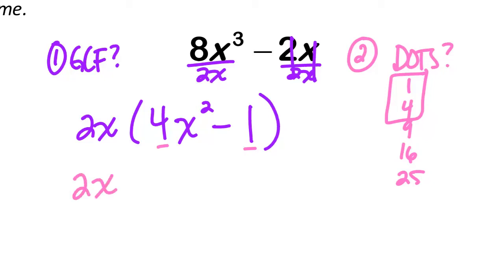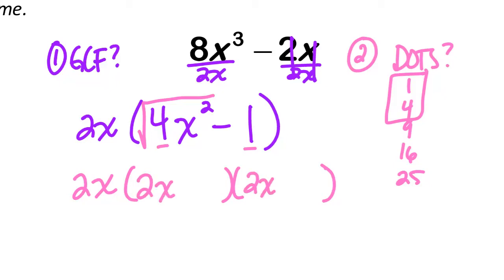So bring down your GCF and write your 2 parentheses. And remember, we're taking the square root of each of those. So what's the square root of 4x squared? That's going to be what? 2x. And a 2x, not squared because the square root cancels out the squared. And then what's the square root of 1? 1.